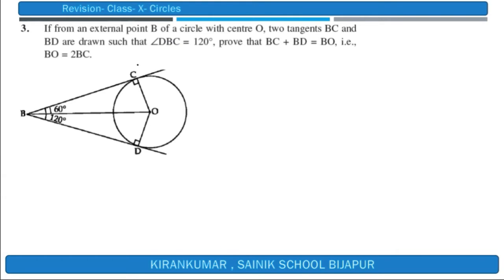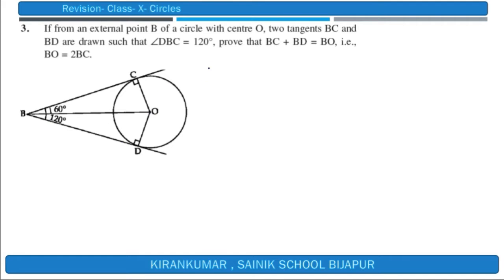Let me plot the figure here. The angle between the tangents is 120 degrees, so each part, angle CBO and angle DBO, is 60 degrees.